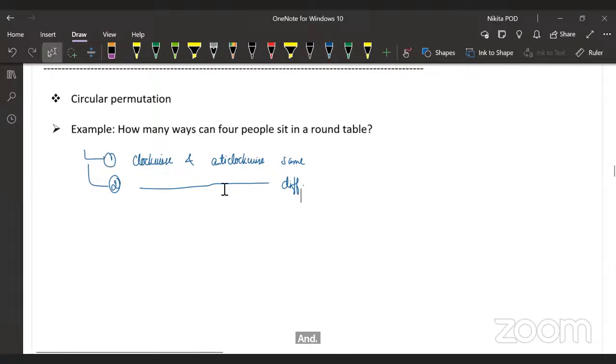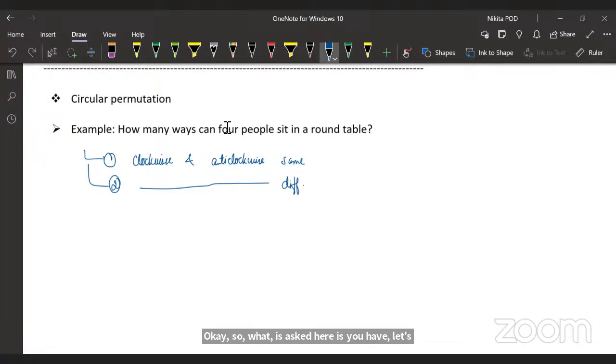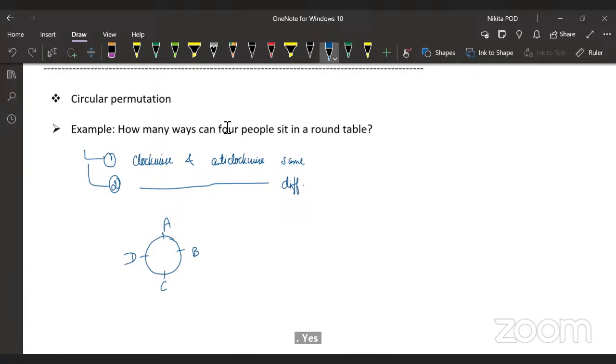Okay. So what is asked here is, let's say you have 4 people, and these 4 people have to sit on a round table. How many ways can you do this? 3 factorial.